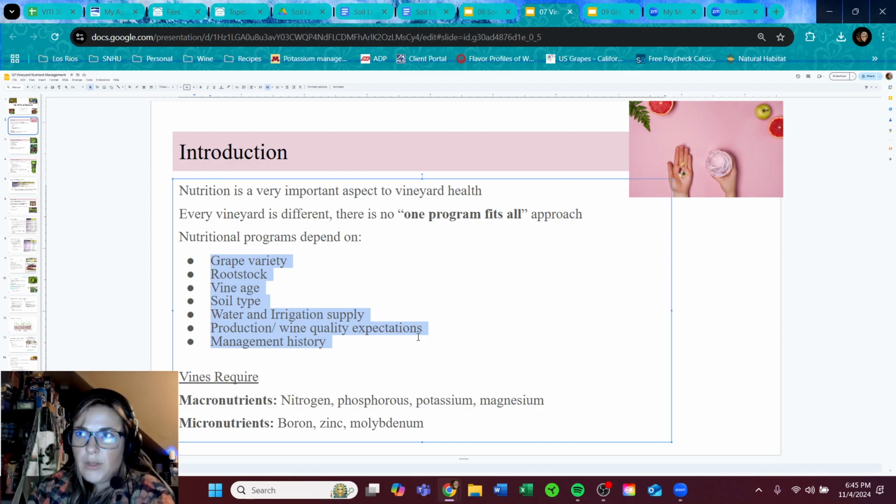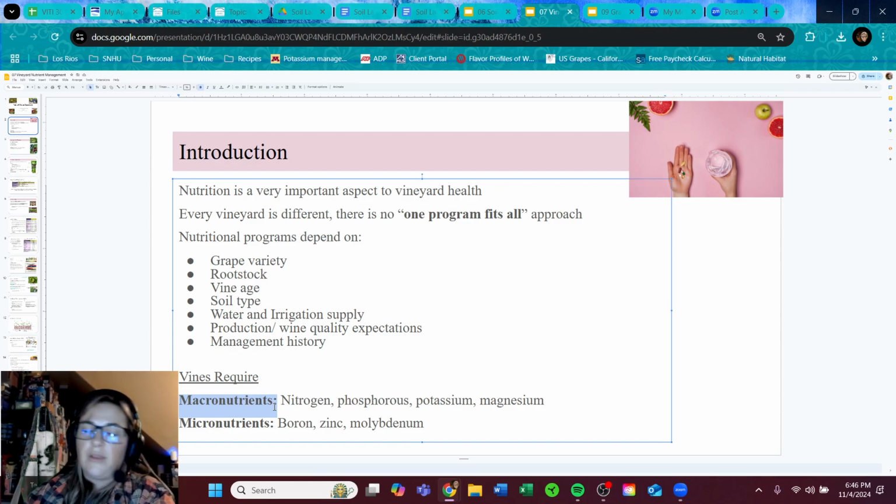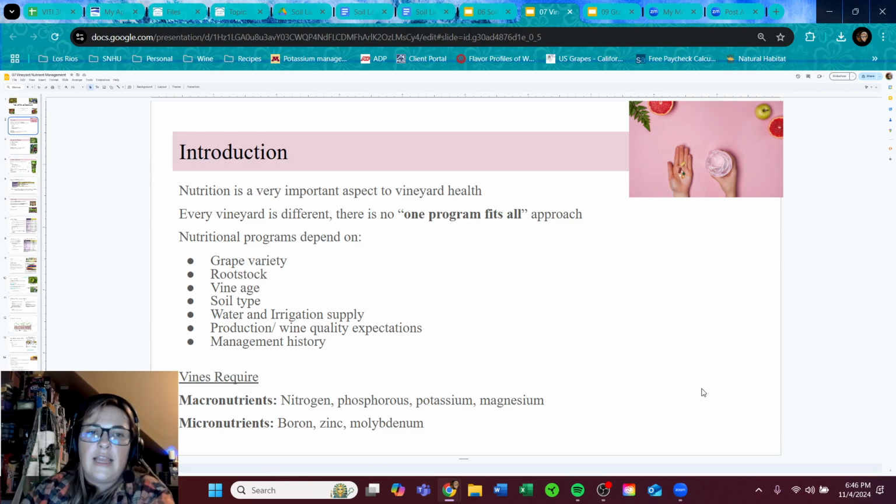So any of these bullet points would be perfect answers for that. And also, it would be really important for you to memorize the macronutrients versus micronutrients. And we'll go from this presentation over to our poster projects. So those should be on those posters. I believe they are on all of them. And you can reference that there as well.